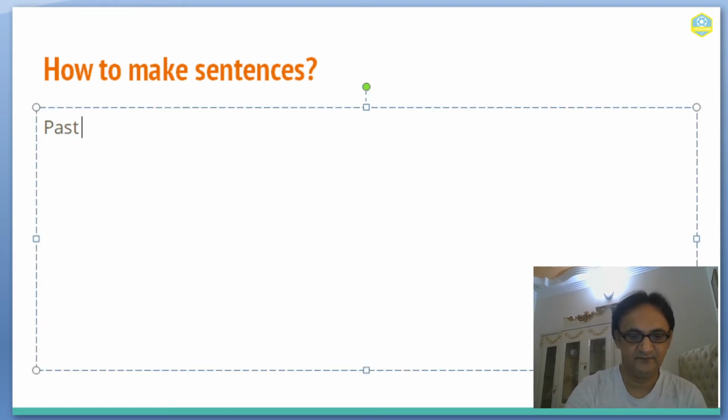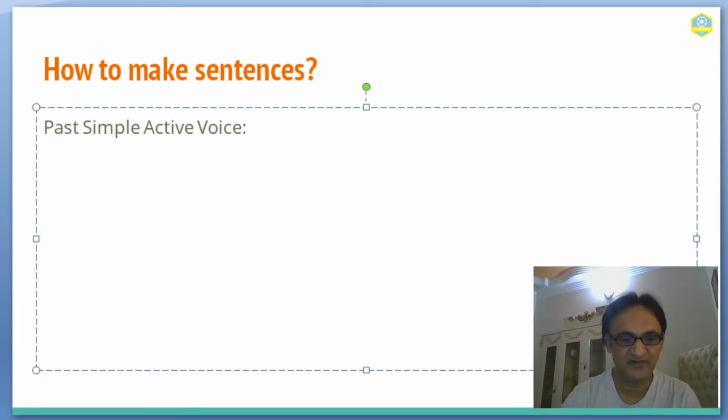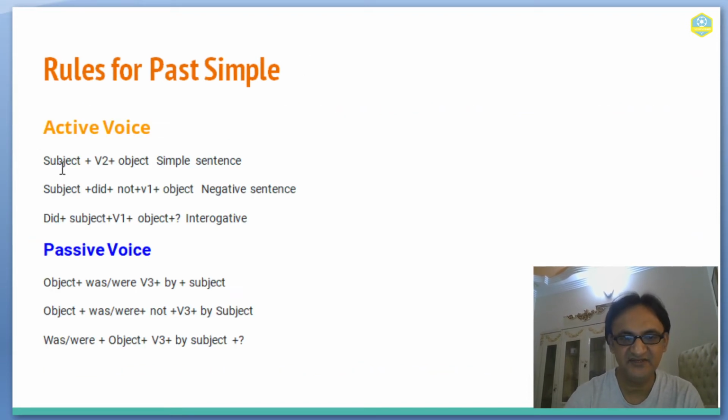Past simple, active voice. Sentence 1. This is our structure: subject, second form of the verb, and object.